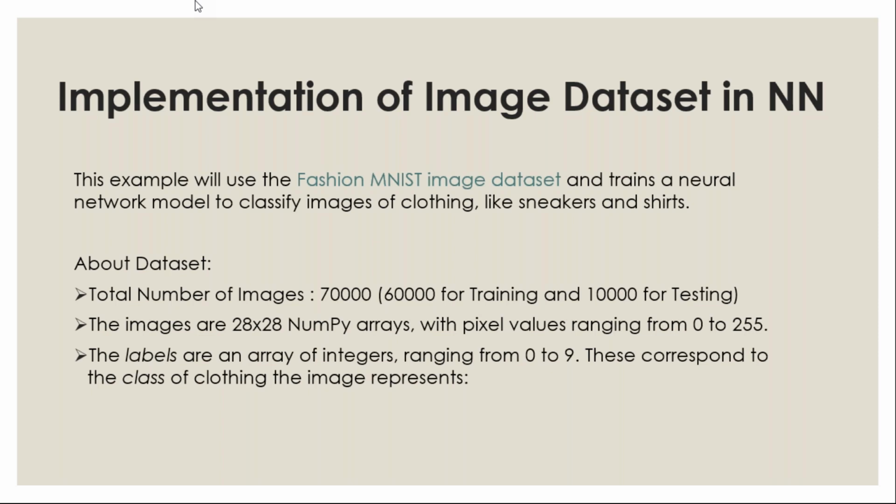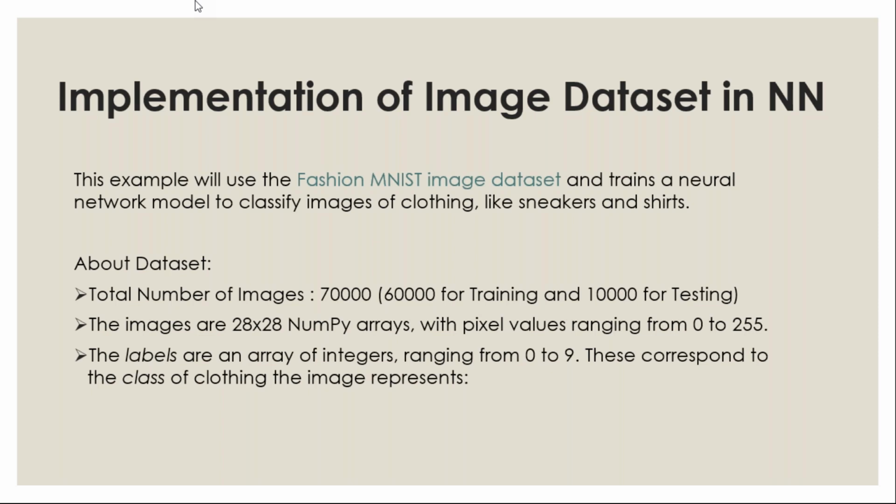Now come to today's topic. What is the data set you are going to handle today? The Fashion MNIST image data set. It is in the user repository, so you can easily download it from the web. This data set contains 70,000 images, not just one or two.